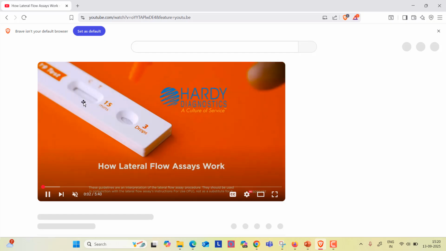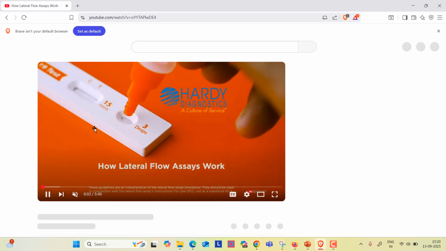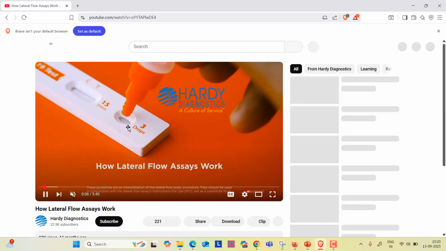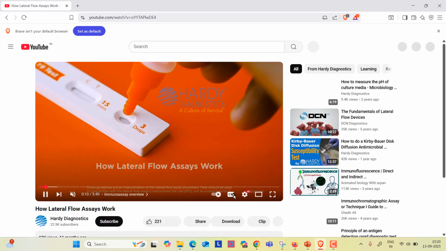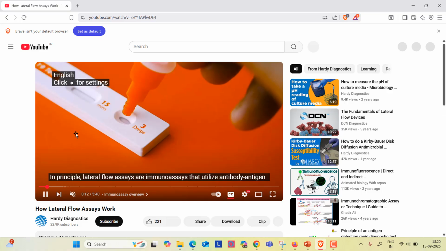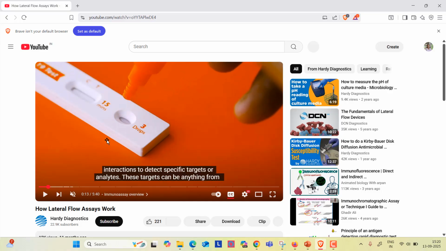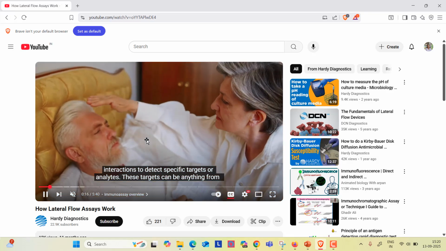So you can see here, first there is a sample pad, right? You can see this is the one drop. This is the sample pad where the drop is given and specific targets are analyzed.